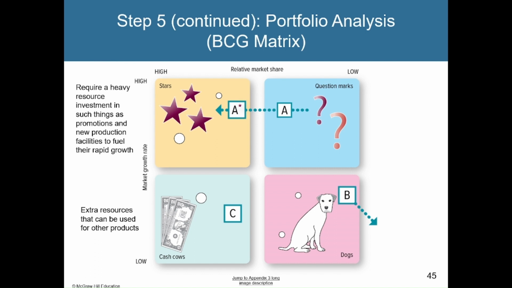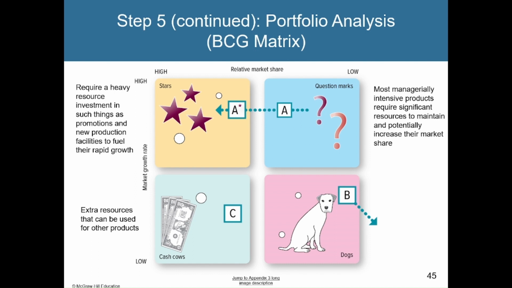Products or strategic business units classified in this category are in a low growth market and have relatively low market share. Although the product lines here may generate enough resources to maintain themselves, the products in this category should be phased out unless they are needed to complement or boost the sales of another product or for competitive purposes.